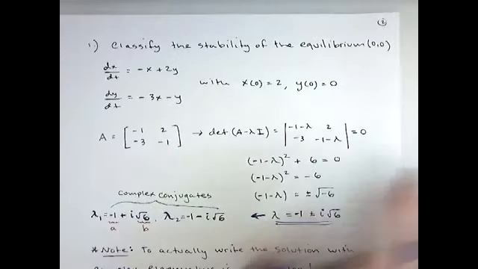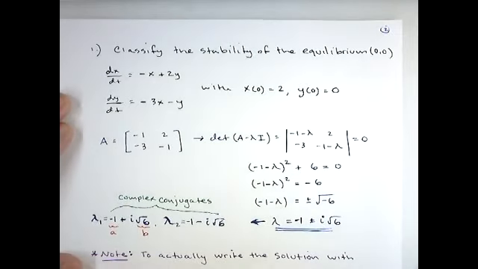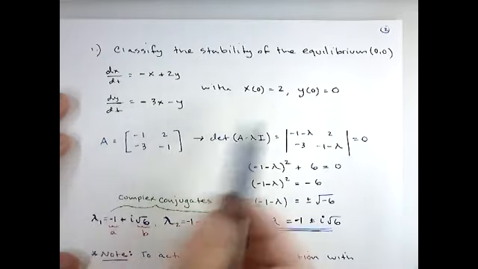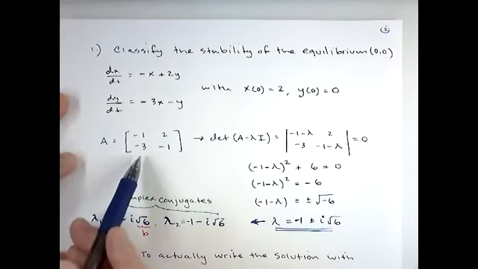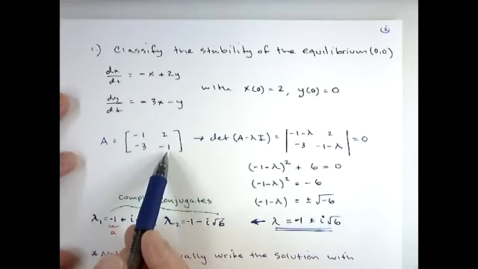Okay. So now we can start to talk about what happens with a linear system of differential equations when you get complex eigenvalues. So here's our linear system. We've got some initial conditions for x and y. The matrix associated with that, just the coefficients, -1, 2, -3, -1.